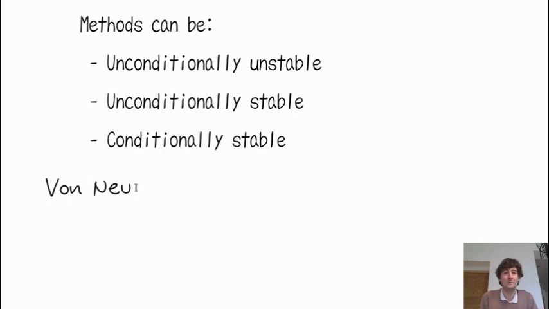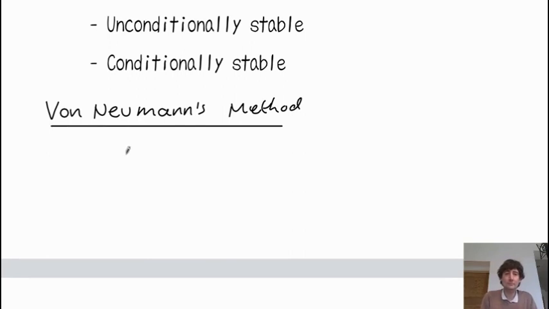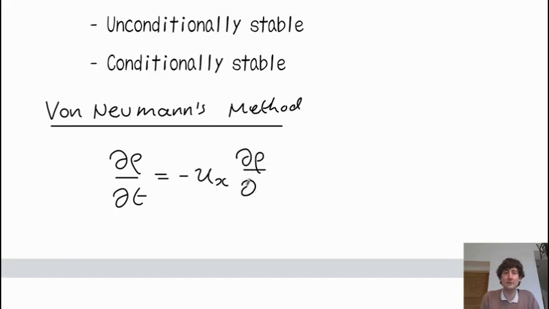Von Neumann's scheme is a way of analysing numerical methods. What we want to do is take our numerical scheme. What we had before was, say, the density equation evolving in one dimension, x. So u_x is the speed in the x direction, and then we have d rho by dx.